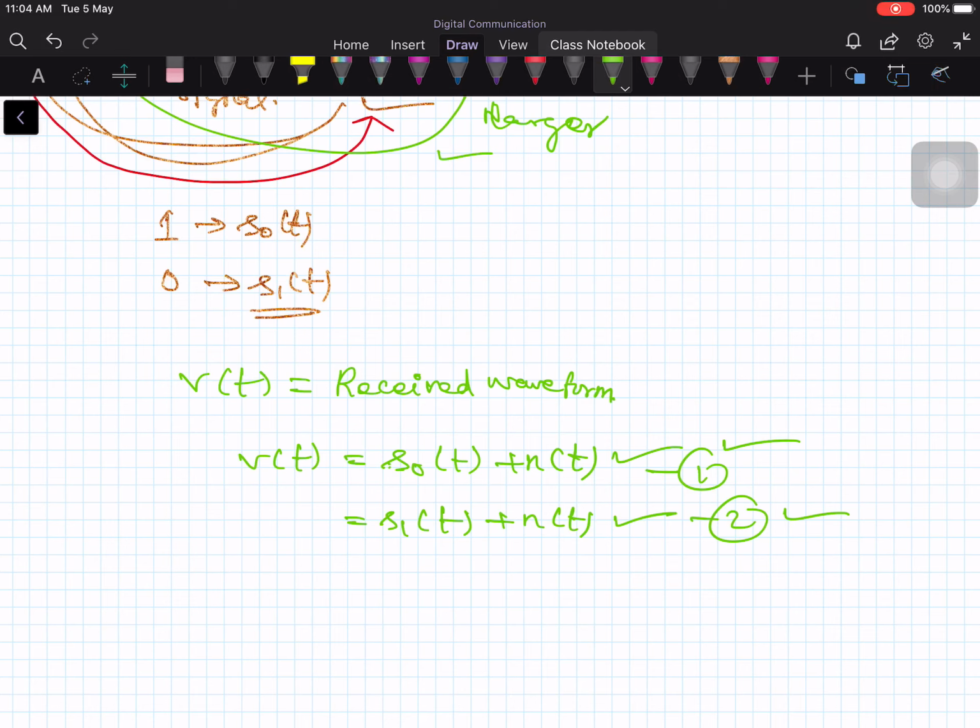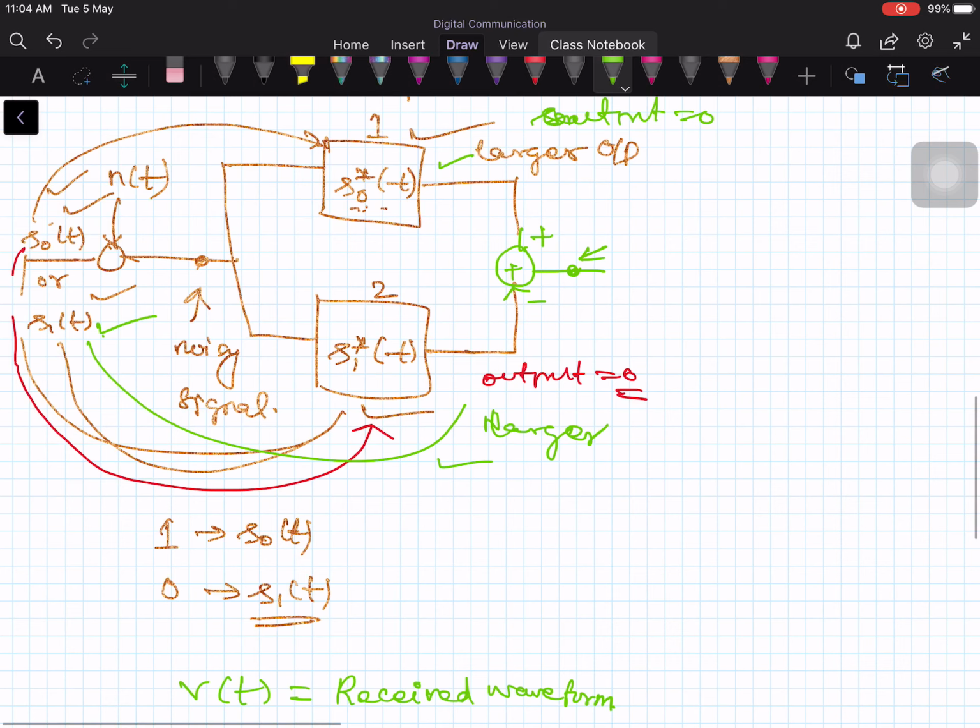Therefore, the filter outputs are both sampled at t equal to LT, and the Lth data bit is declared to be a 0 or a 1 based on which filter output sample is larger. To decide which of the two outputs is larger, subtract one from the other, and from that subtracted value you form the decision statistic.